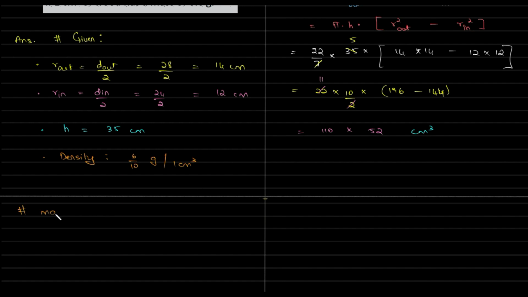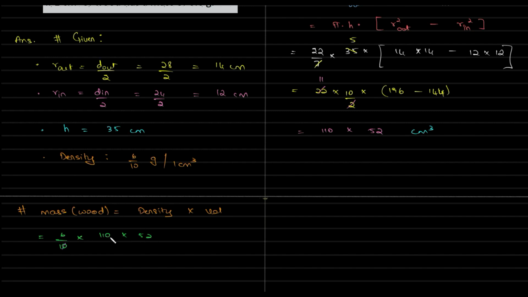Now the mass of the pipe is given by density into volume. So density is 6 by 10 and the volume is 110 into 52.